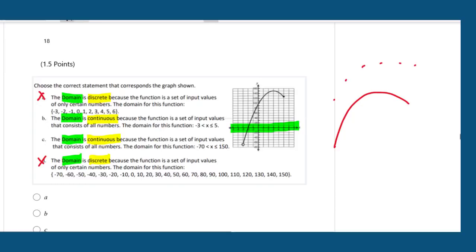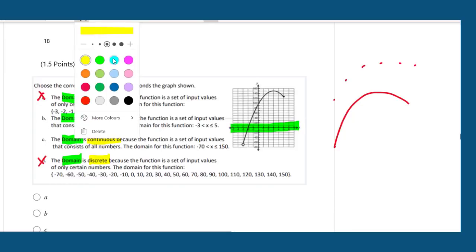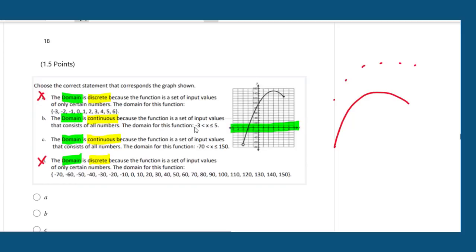The next step is to check the statement. The domain of the function is here negative 3, 5. Here is negative 3 to 5. And check, this is actually from the graph. This is negative 3. And here is 1, 2, 3, 4, 5.